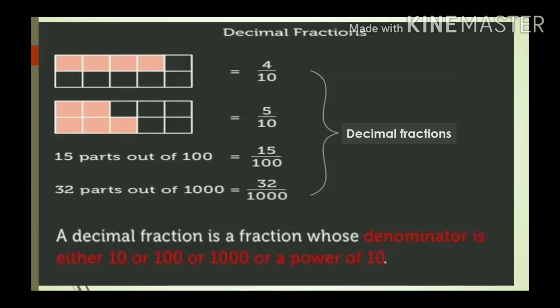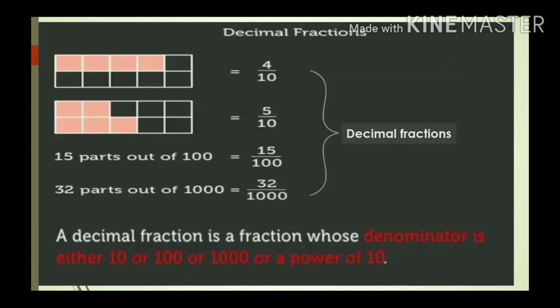Similarly, in the second figure, there are 5 parts shaded out of 10 equal parts. So it represents 5/10. Now students, if we take 15 parts out of 100, the fraction will be 15 by 100 or 15 hundredths. Similarly, if we take 32 parts out of 1000, then the fraction is 32 by 1000 or 32 thousandths.